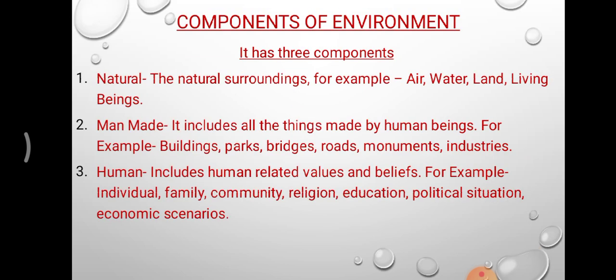Components of environment: it has three components: natural, man-made, and human. The natural surrounding, for example, air, water, land, living beings. Second, man-made, it includes all the things made by human beings, for example, buildings, parks, bridges, roads, monuments, industries.